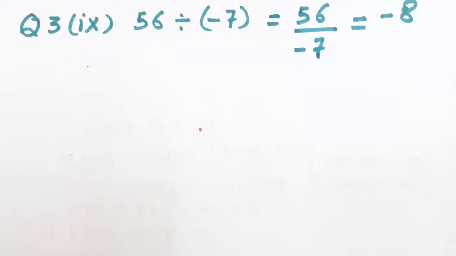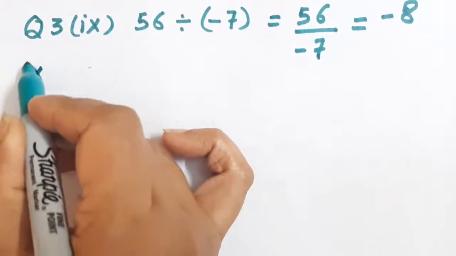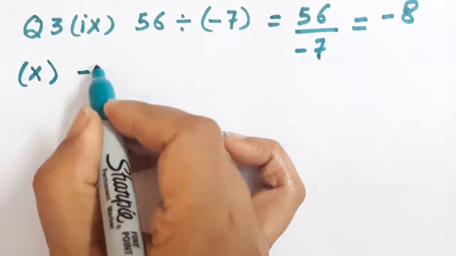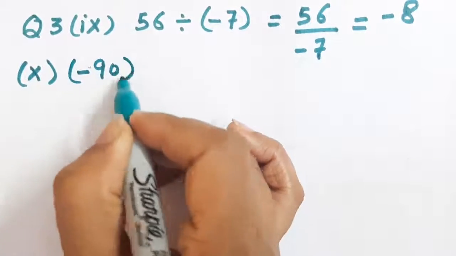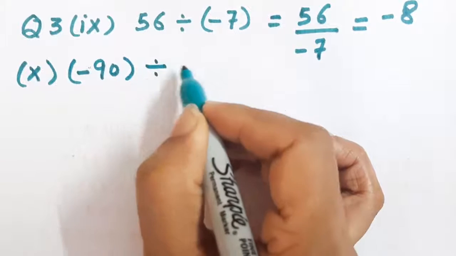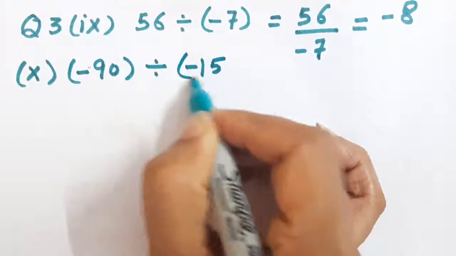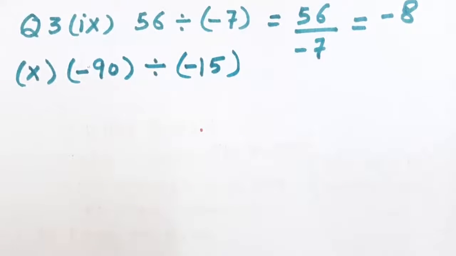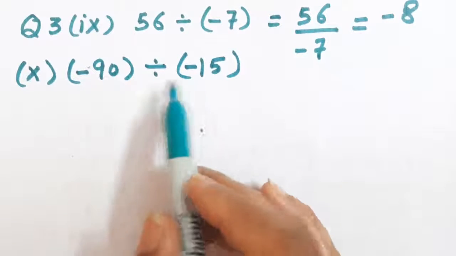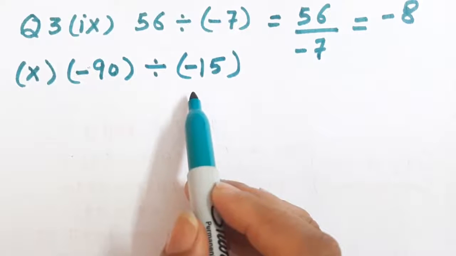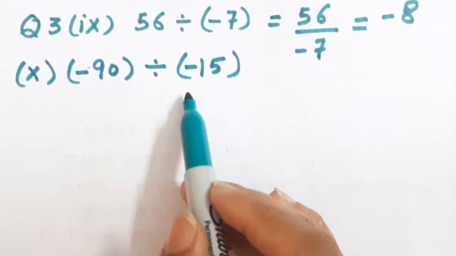Now let us take up one more part, that is the 10th. It is minus 90 divided by minus 15. Now children, you can see that both the numbers are negative, or we can say that both the numbers are of same sign.